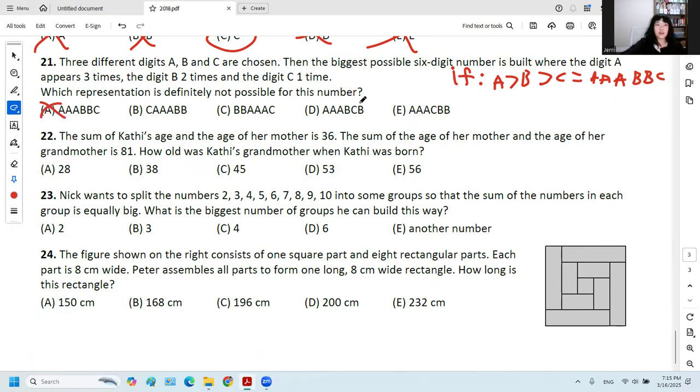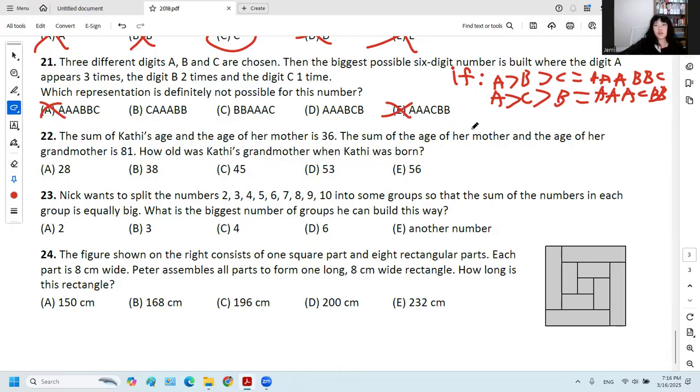It is not the answer. And then A is bigger than C, C is bigger than B. It equals AAACBB. AAACBB is not the answer.